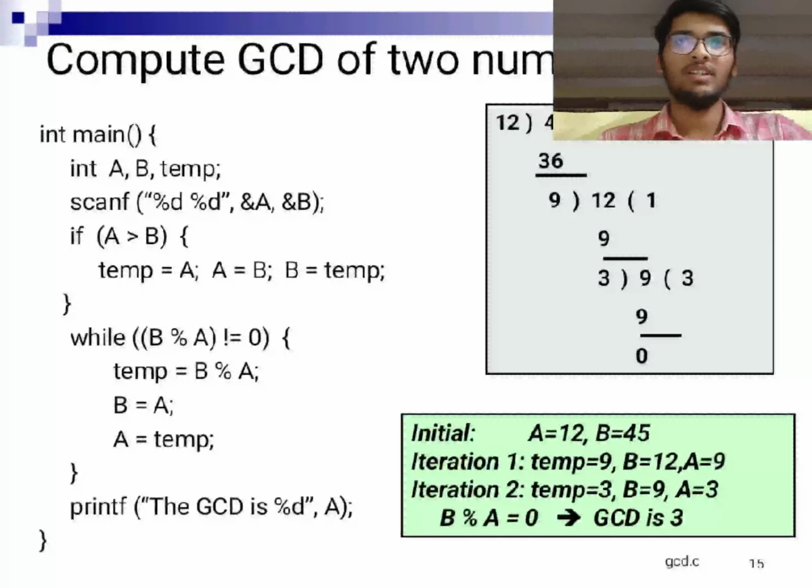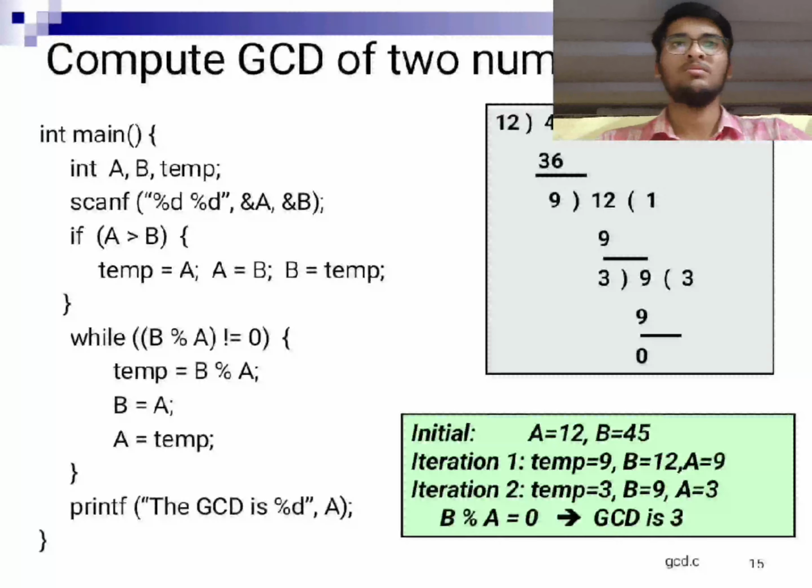Iteration 1: temp is equal to 9, b is equal to 12, a is equal to 9. In the second iteration, temp is equal to 3, b is equal to 9, a is equal to 3. B modulo a equal to 0, so the GCD is 3. Here is how the GCD of two numbers is computed.